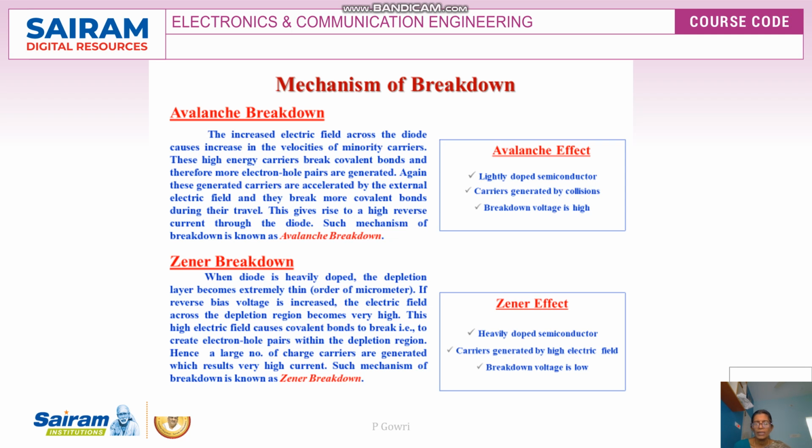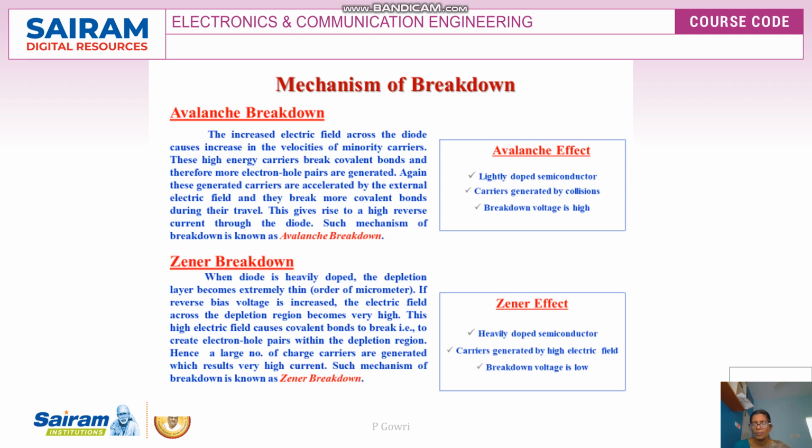So the applied electric field will result in the breakdown of the covalent bond, and because of that there will be electron hole pairs. A large number of charge carriers are generated, and this results in the current which we call the Zener current. So here the concept of tunneling comes into the picture.